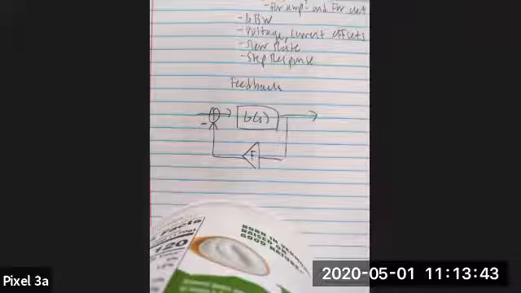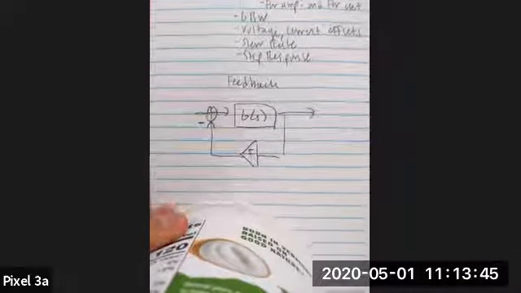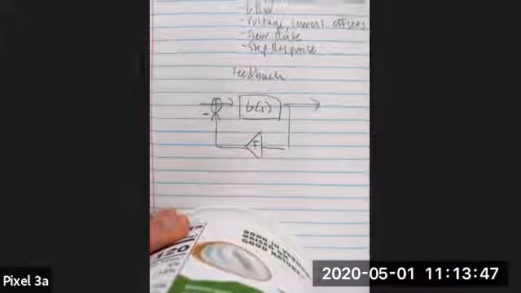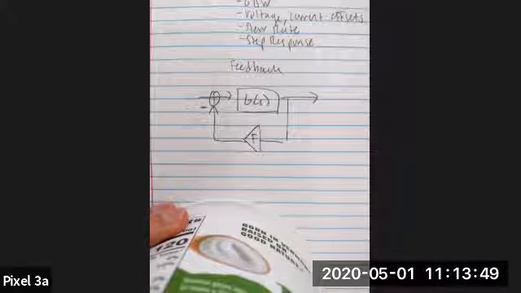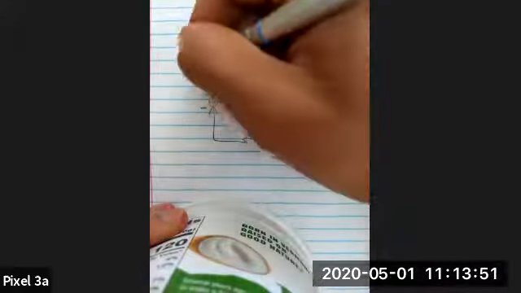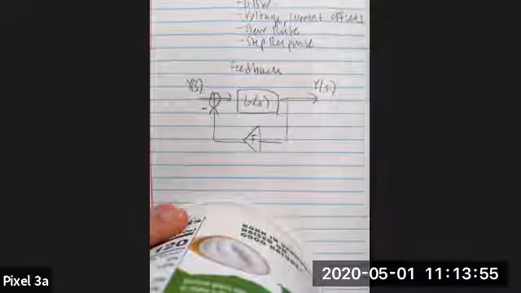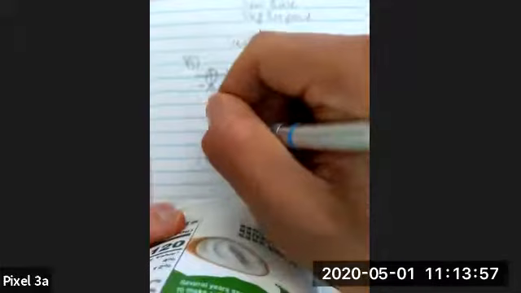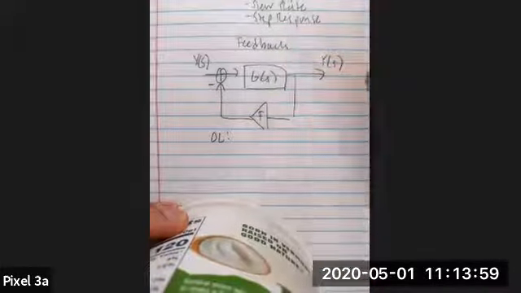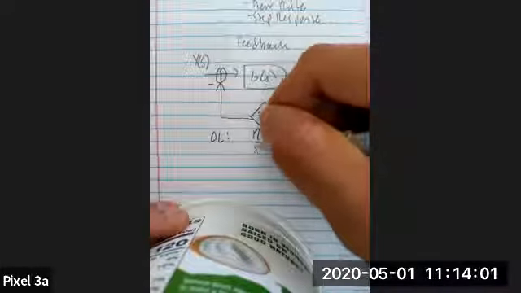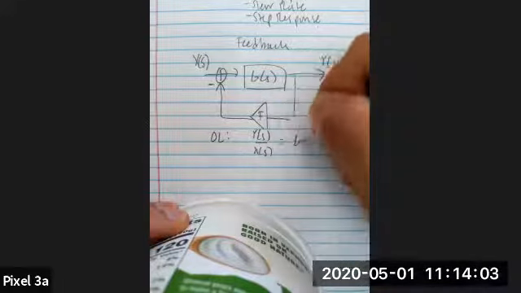The thing to note here is that the transfer function is necessarily different. If we had our input X(s) and our output Y(s), in the open loop configuration the transfer function Y(s)/X(s) was just G(s).